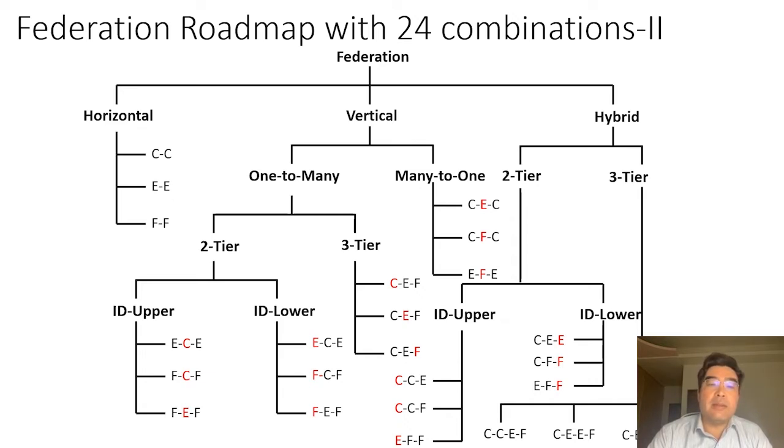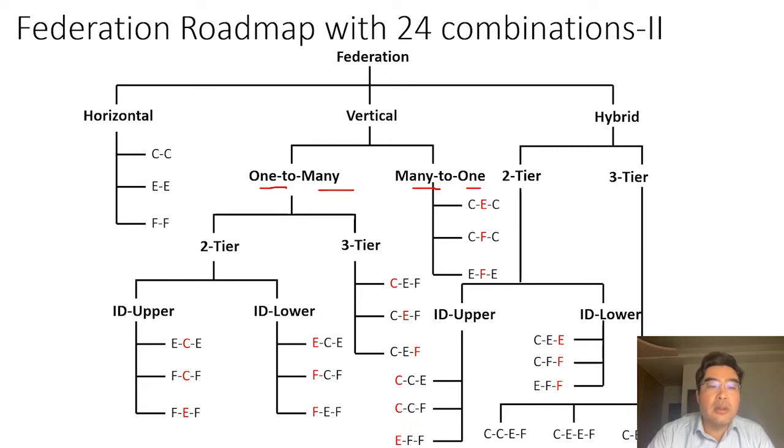Vertical means that the providers in the federation are at different tiers. And hybrid means they have horizontal and also vertical in the federation. So for example, under the vertical, I can have one-to-many or many-to-one. One-to-many means that the upper tier has only one provider and the lower tier has multiple providers. Many-to-one is reversed, where the upper tier has many, but the lower tier has one.